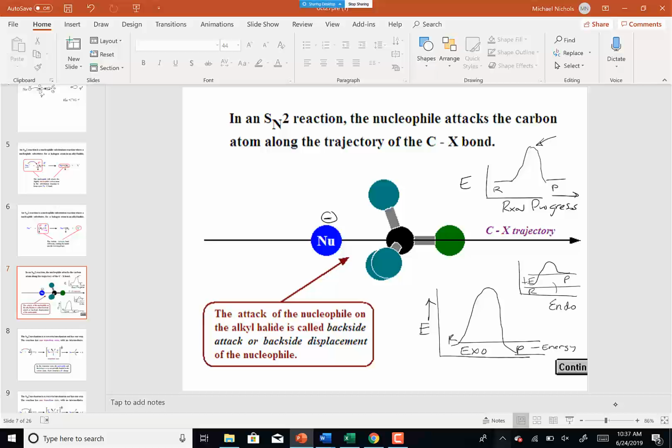So I'm asking the question, if I have a reaction coordinate diagram and I have a species here and a species here, so I have A and B, and the energy is going up, so A has more energy than B, which one is more stable, A or B?